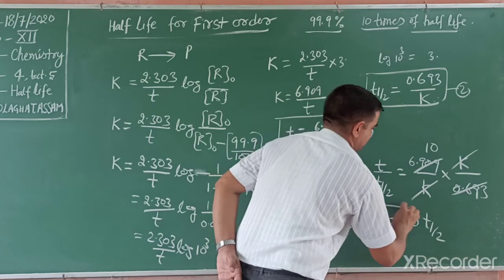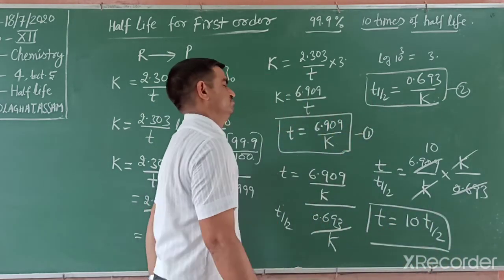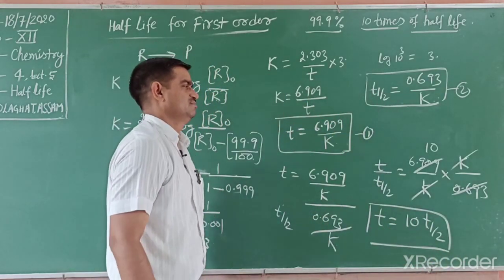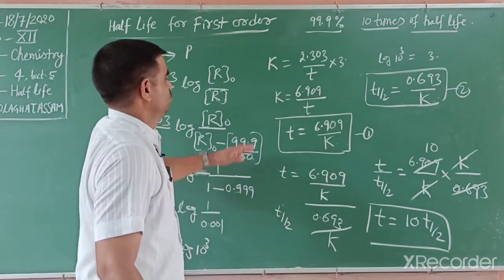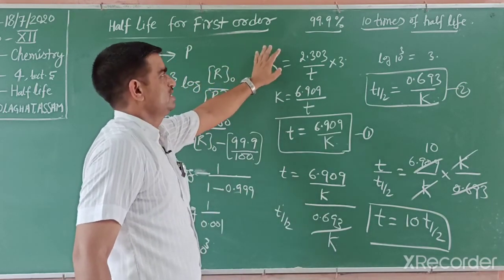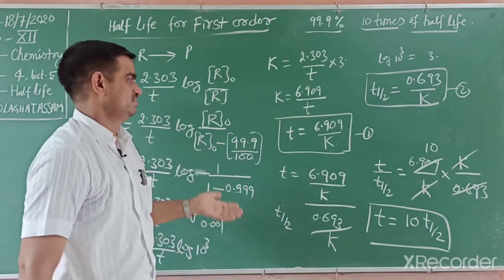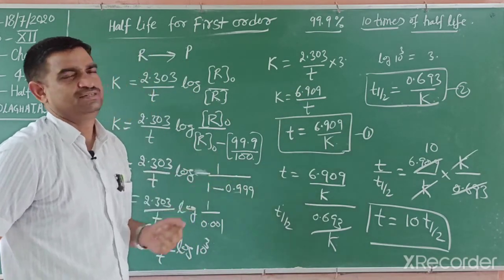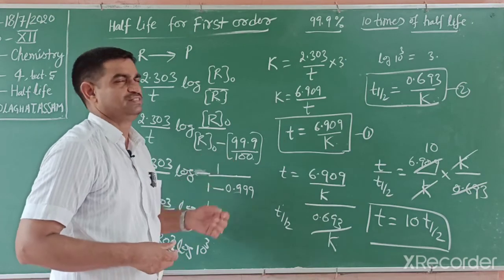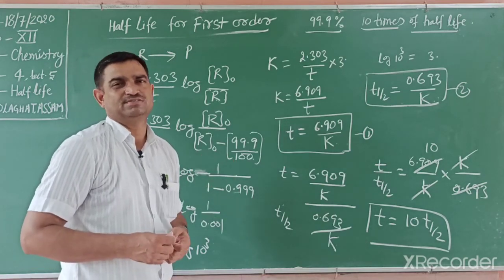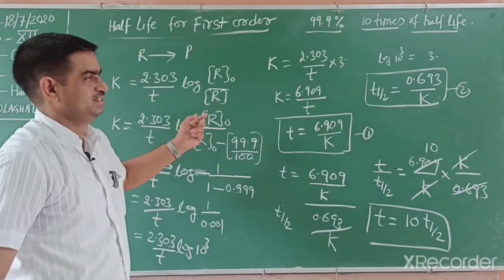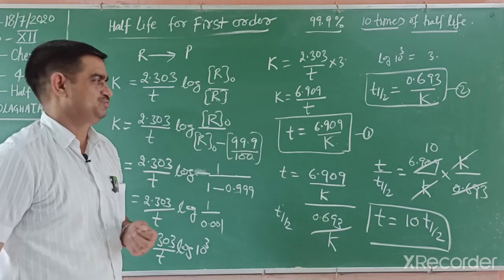In this way we can explain it, because it is almost 10 times. So when a reaction is 99.9% complete, it requires 10 half-lives. This numerical came in the 2020 CBSE exam for 3 marks, and many times comes in half-yearly and pre-board exams.